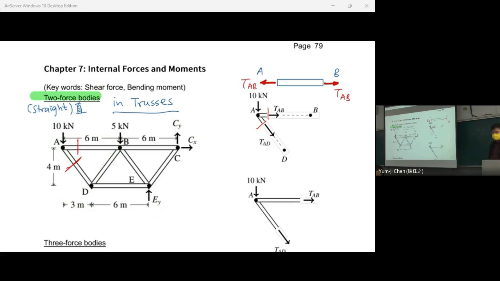So in a two force body, we have only one force, and the force goes through the line connecting A and B. So for a two force body, we have only TAB. Of course, the same goes with TAD.